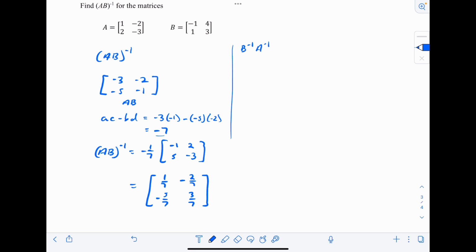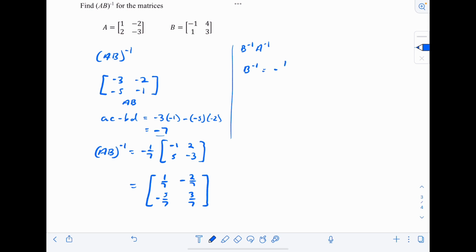Now let's do the same thing, but this time we're going to find the inverse of each of the matrices separately first, and then multiply them together. So let's start by finding the inverses. We'll start with B. If I take the diagonals and subtract, we get -7.